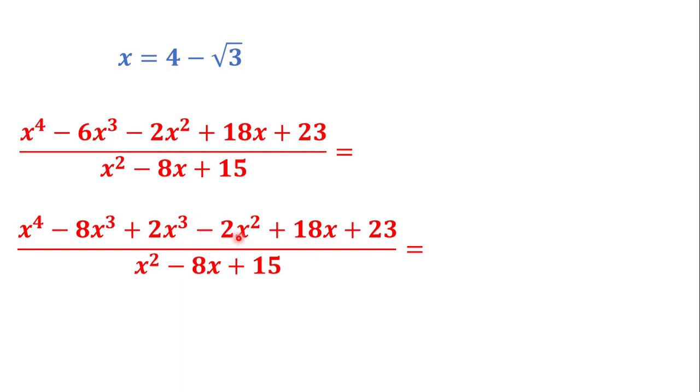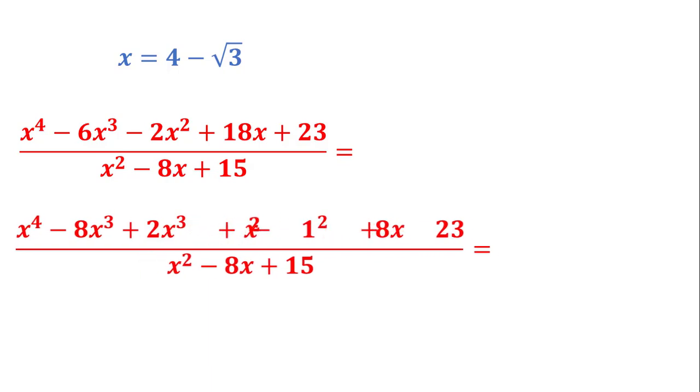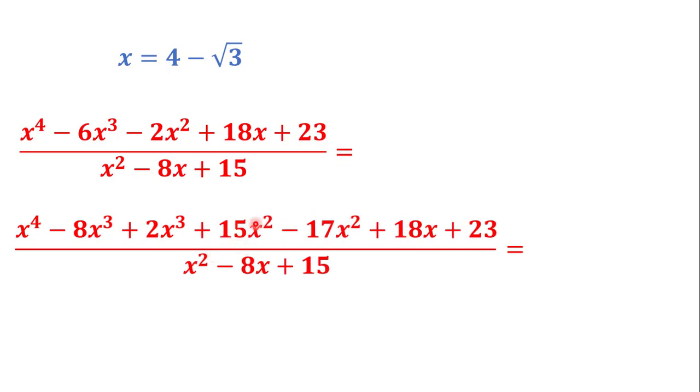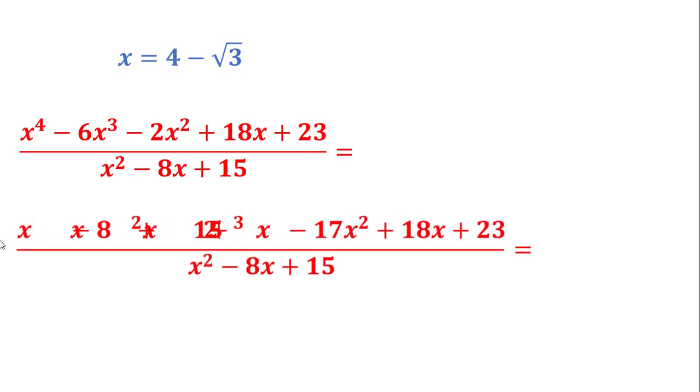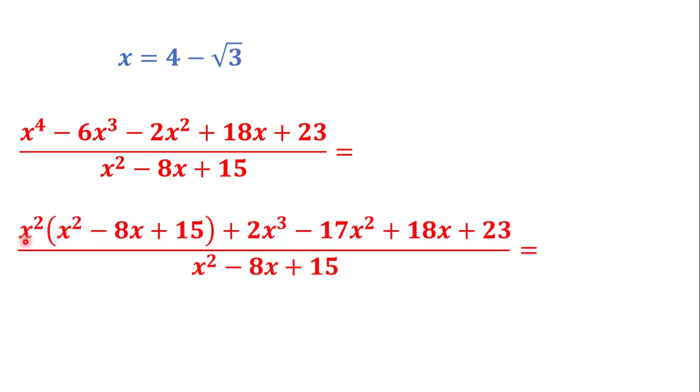Also, minus 2 times x squared can be written as 15x squared minus 17x squared. Now we can factor out x squared from this term and this term, so we're going to get x squared times x squared minus 8 times x plus 15.